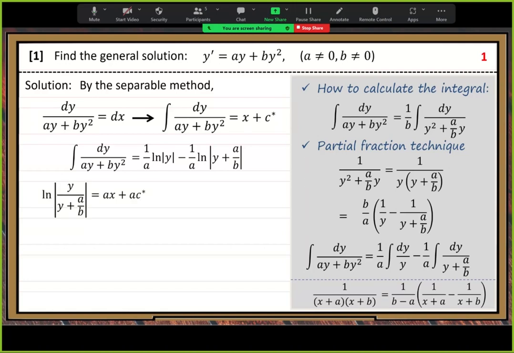All right. Then, one side, this right-hand side, because 1 over a, you multiply a both sides, so you get ax plus a times c star. Then remove the natural log, and absolute value, we also want to remove absolute value. So we put a plus minus sign.